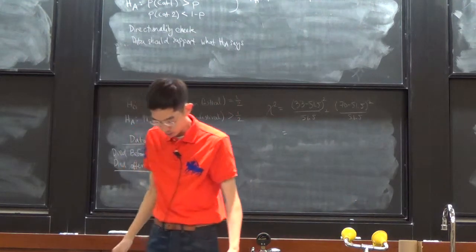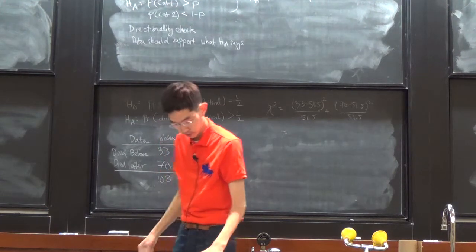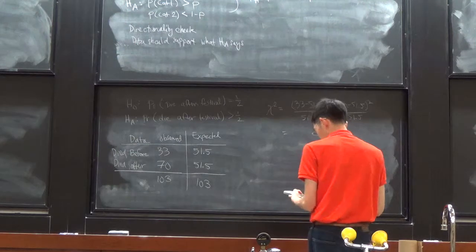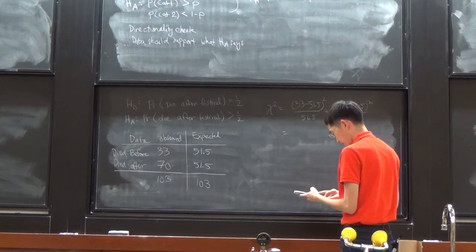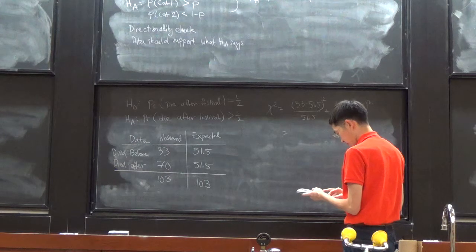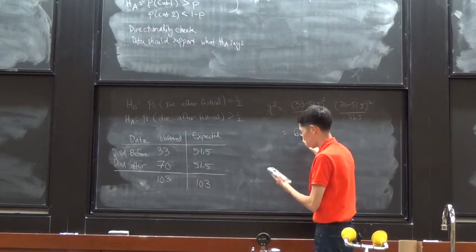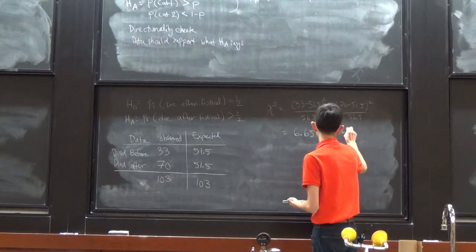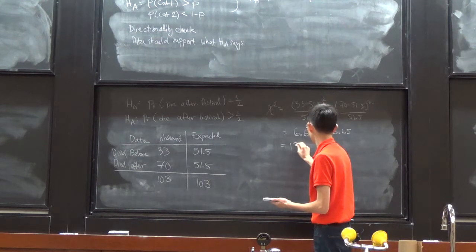What does that turn out to be? I get 6.65 plus 6.65, which gives 13.3.